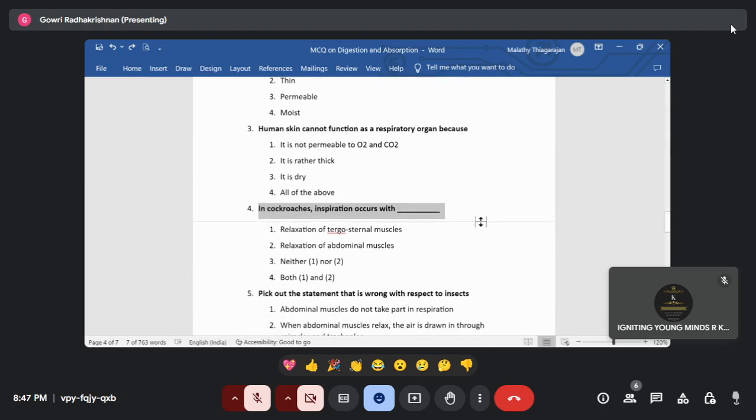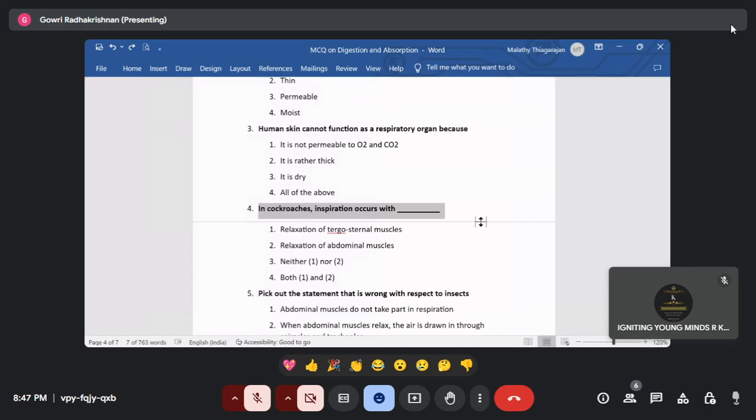Third, human skin cannot function as a respiratory organ because... Children, this is a very, very simple question. Please try. Ma'am, first option.